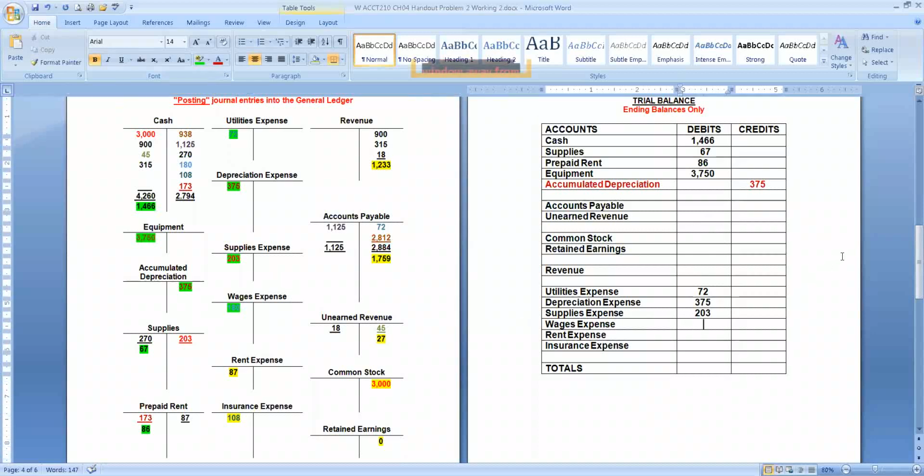Wages expense, it became invisible when I did this. 180.